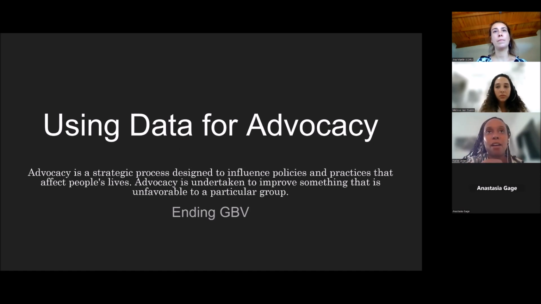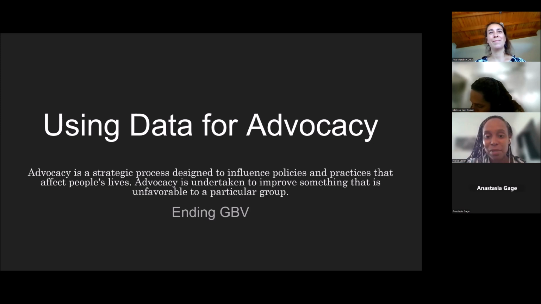Oftentimes, advocacy carried out without data is questionable. It's questioned by duty bearers, by policymakers, by people in positions of power that might or might not be resistant to implementing change. Because change is constant, but change is also hard to implement.